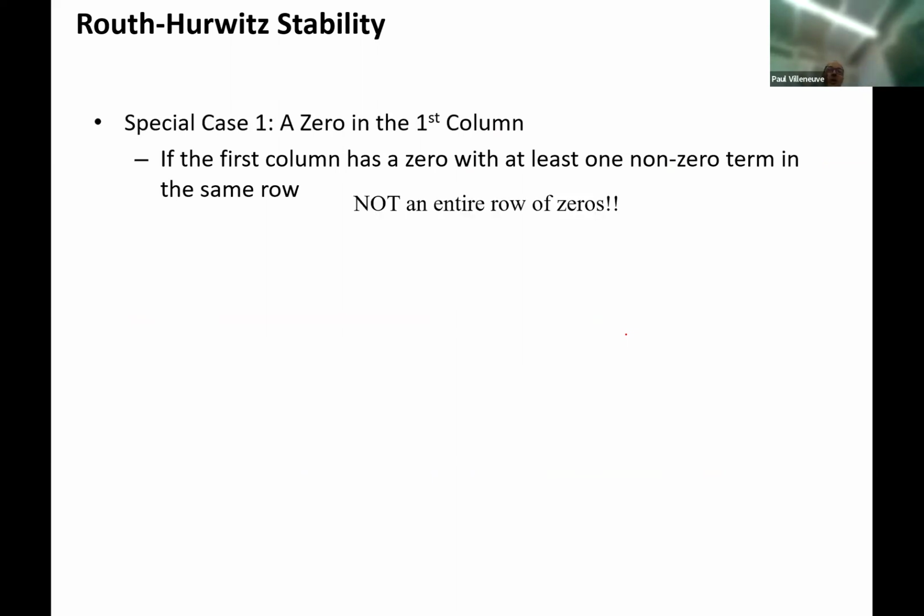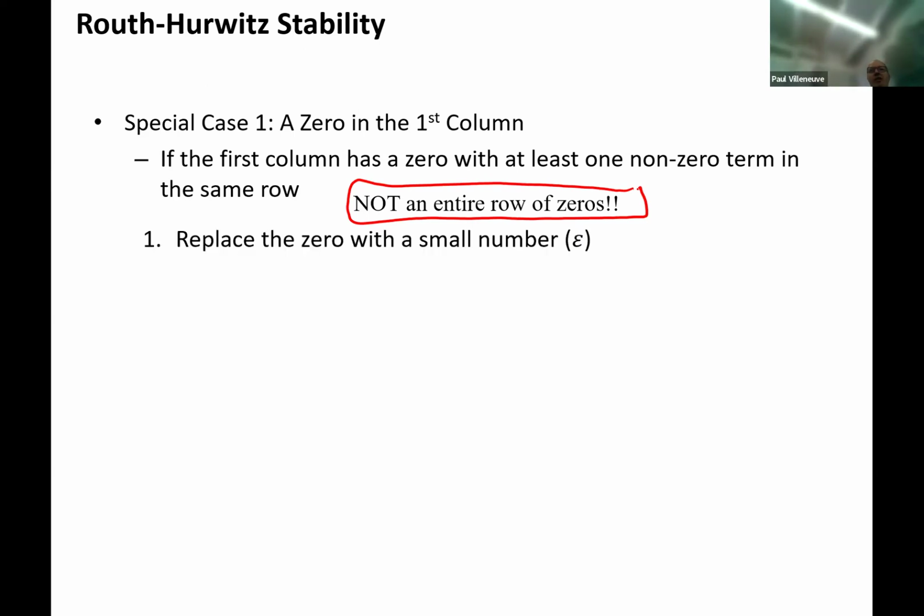So here's the key thing. This is highlighted. Make sure you highlight this in your slides or whatever. I only have a 0 in the first column. Okay? So I'm doing my work and I end up with just a 0 in the first column. All the other coefficients in that row are non-zero. Then I'm going to substitute the 0 with a variable. I'm going to call it E. And E is a very, very small, infinitesimally small number, but it's not 0. Okay?